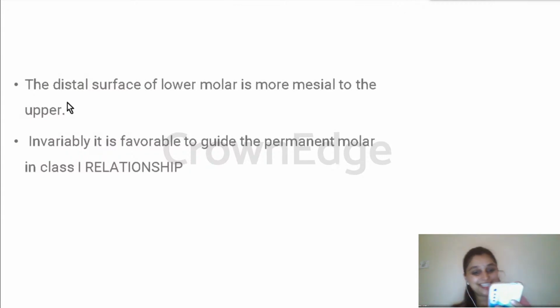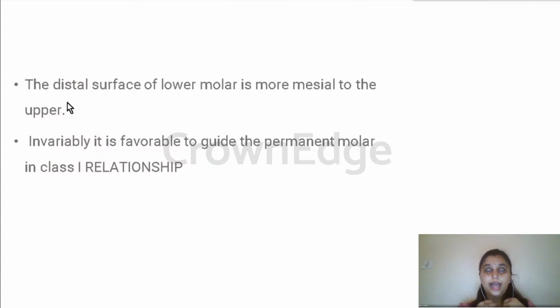Okay, we have two questions, in fact, very interesting questions. Why should a flush terminal plane not lead to a class 1? A flush terminal plane will actually lead the molars into an end-on relationship.